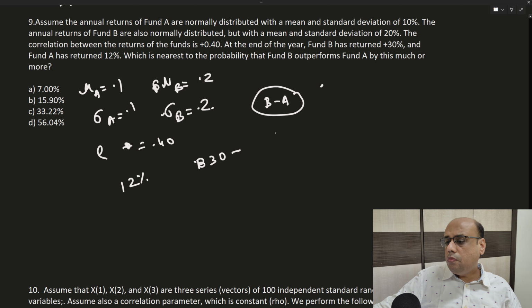To know the probability of B minus A, we need to figure out the Z value.